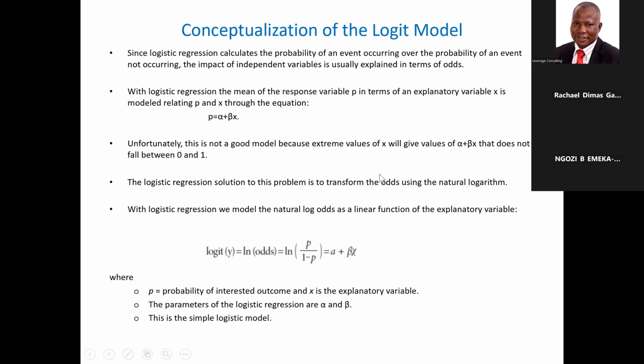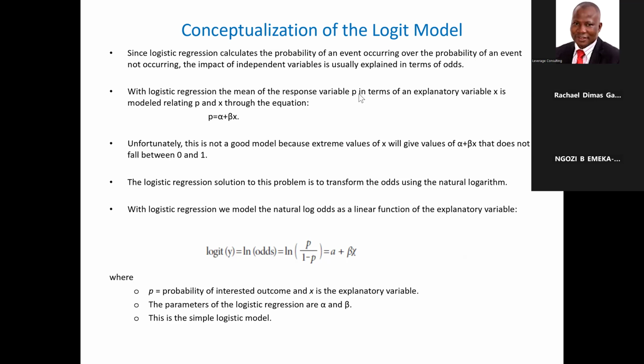So with the logit, how do you conceptualize the logistic model? Just go back to what we did yesterday about linear regression. Since logistic regression calculates the probability of an event occurring over the probability of an event not occurring, the impact of the independent variable is usually explained in terms of odds, because you are dealing with a categorical outcome.